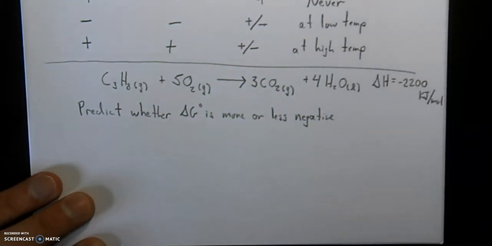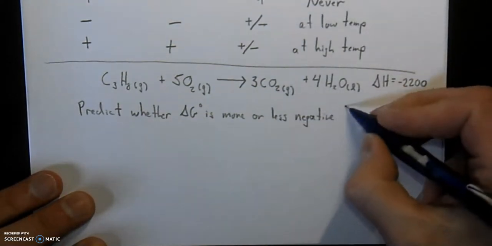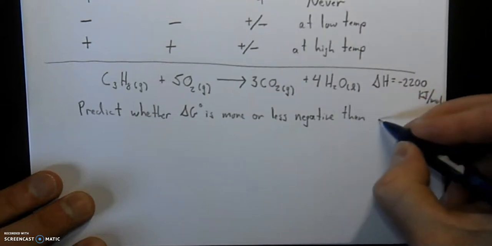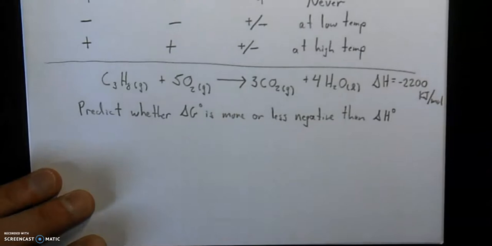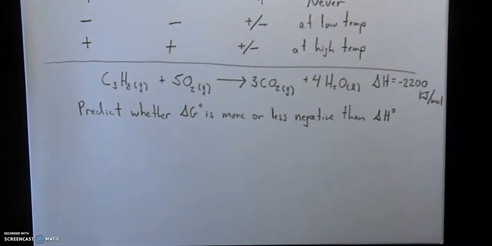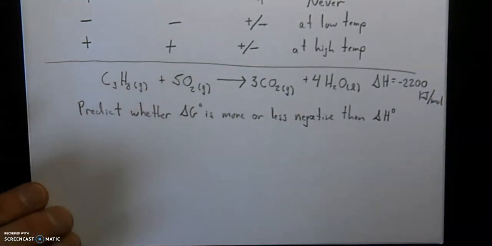More negative, less negative than delta H. Well, we have delta H. Delta H is negative 2200. So we want to know whether delta G is going to be more negative or less negative than delta H. And in order to think about that, we need to consider what's going on with delta S.